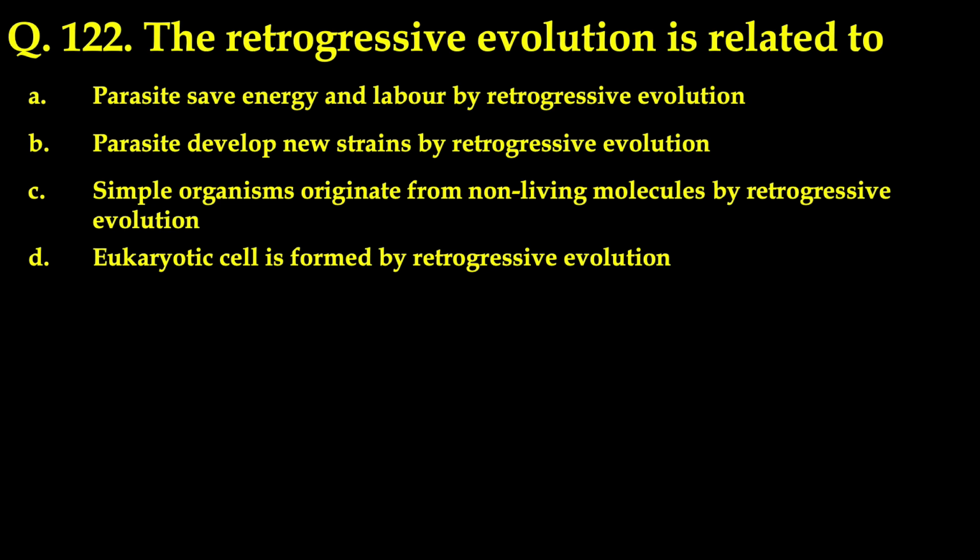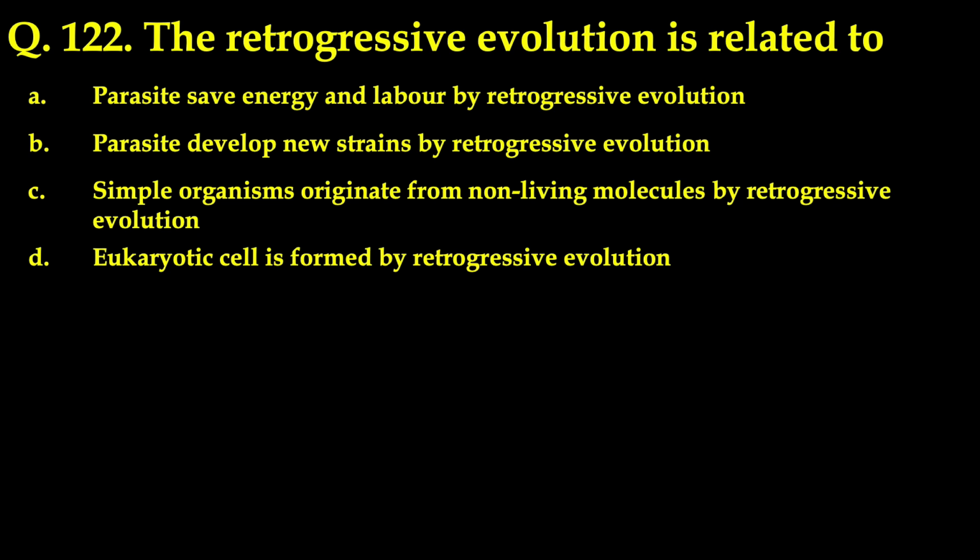Next question is on the retrogressive evolution is related to, there are 4 options. And before choosing the correct option, we should understand the meaning of retrogressive evolution. It is the process by which complex organisms evolve into simpler forms. The species showing such evolution are called retrogressive species, and they show reduction in their organs with the course of metamorphosis.